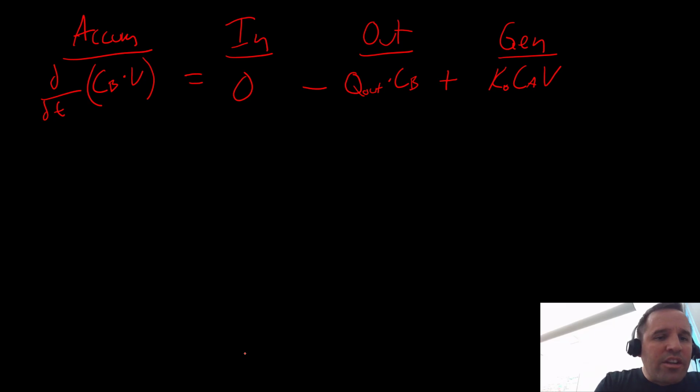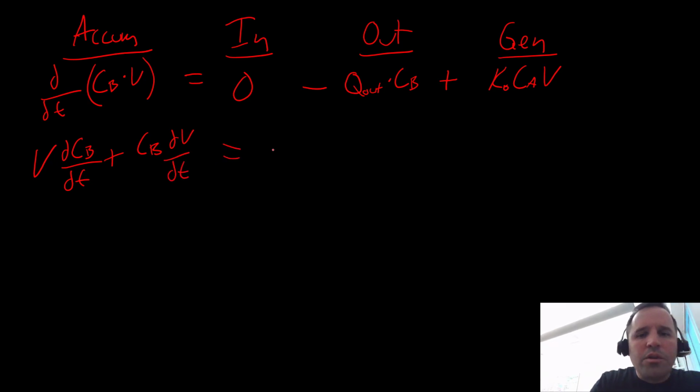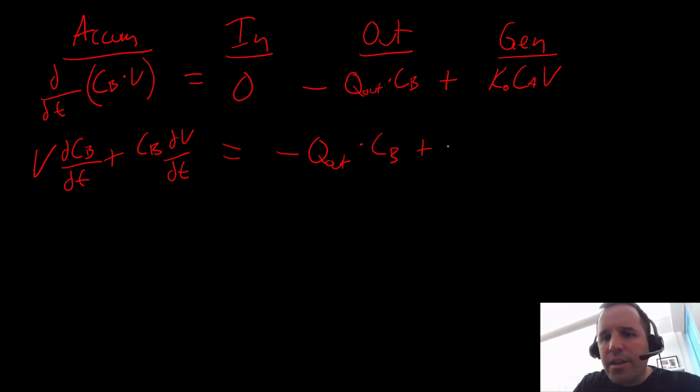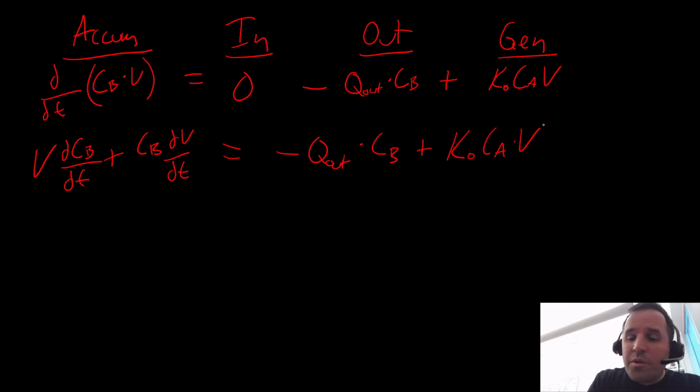Specifically, that would give us V times the change in the concentration of B with time, plus CB times the change in volume with time, equals minus Q out times CB plus K naught times CA times V, which would be the amount generated from the reaction. We would do the same exact thing.